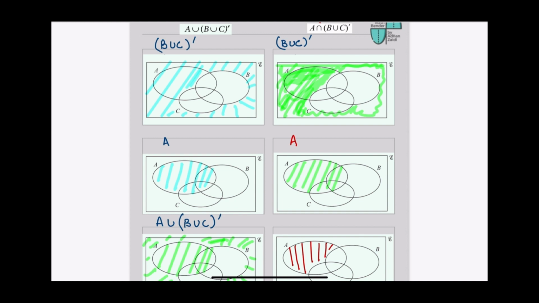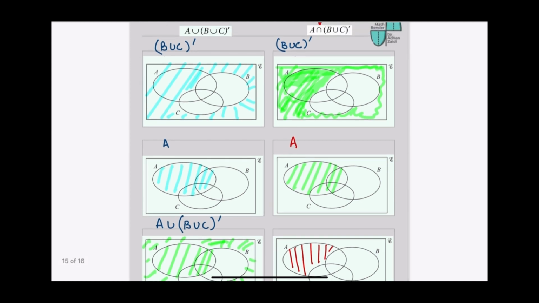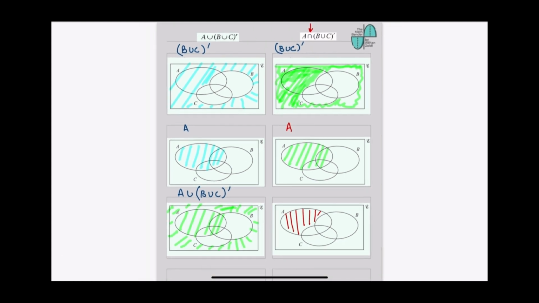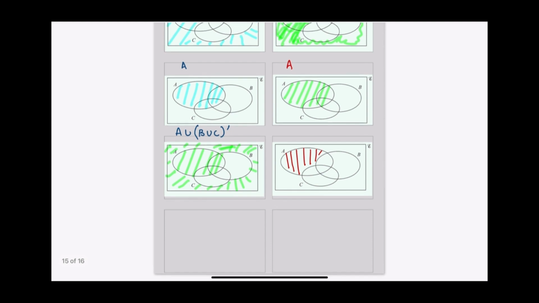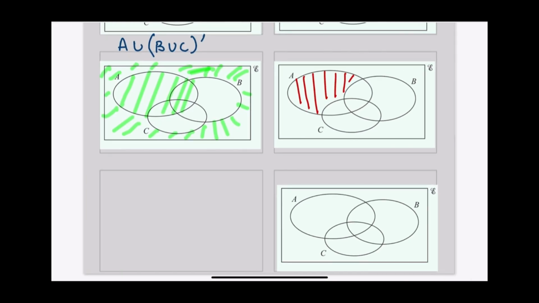Now, if I don't want to draw these diagrams, what we can do is use multiple colors here. So I'll give you an example. Here, I need to find out A intersection with B union C complement.